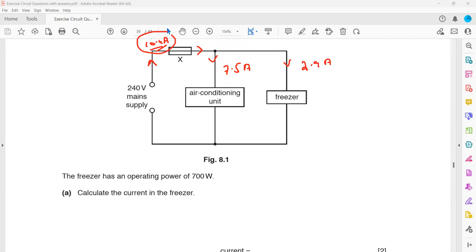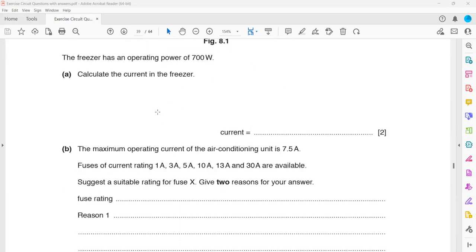If the current is less than that, it won't work efficiently. So whenever we are selecting a fuse, we always select a bit more than that. If we want 10.4, we select a fuse rating more than 10.4. So what are the options which are more than 10.4? These other options are not valid.